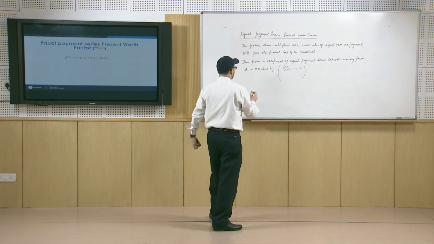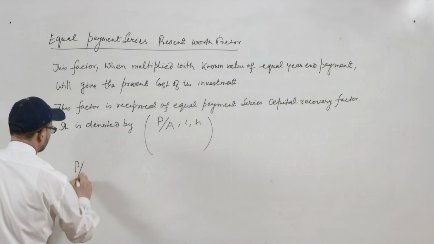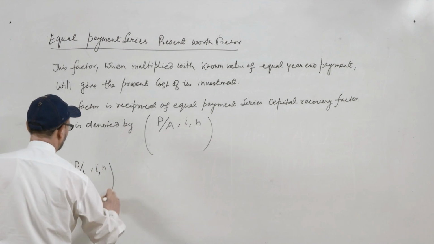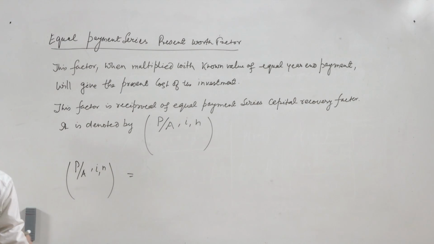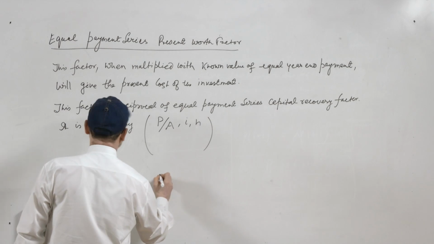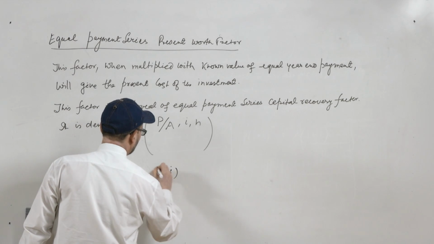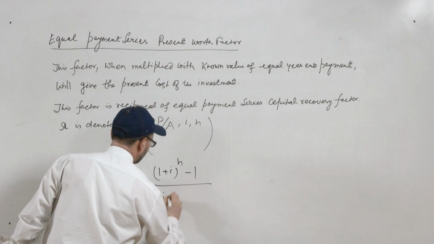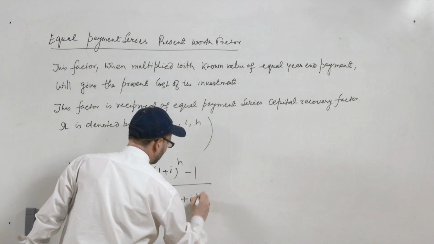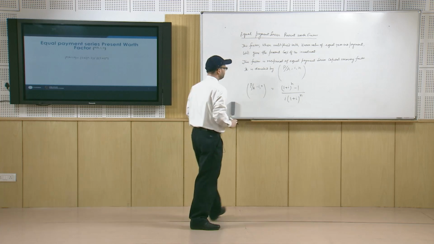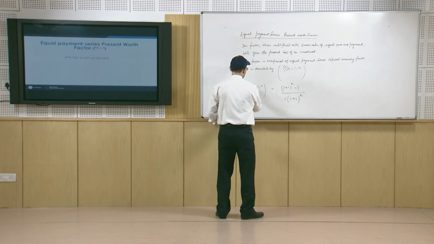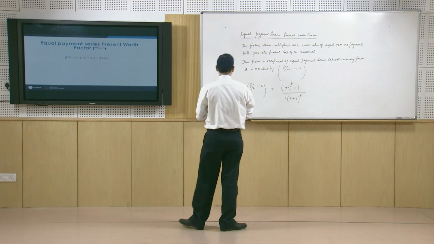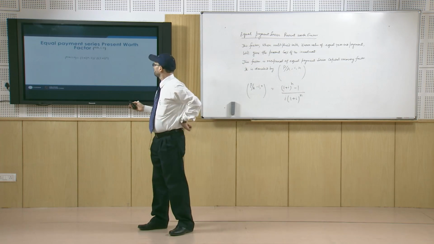That is why P by A i n will be the reciprocal. So, it will be 1 plus i raised to the power n minus 1 by i into 1 plus i raised to the power n. And this is the equal payment series present worth factor.